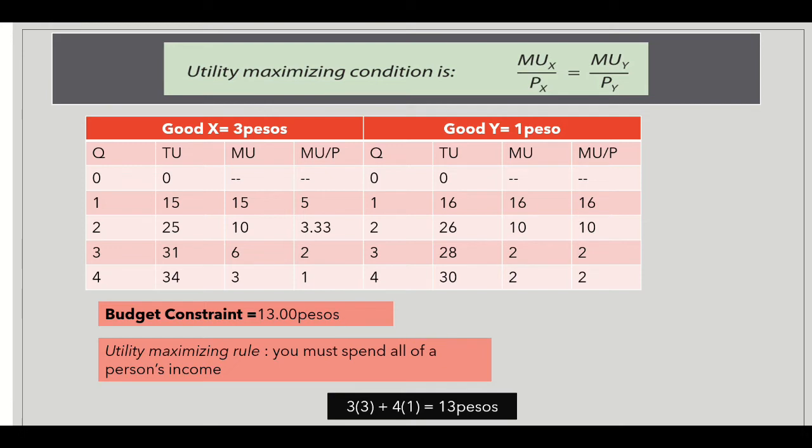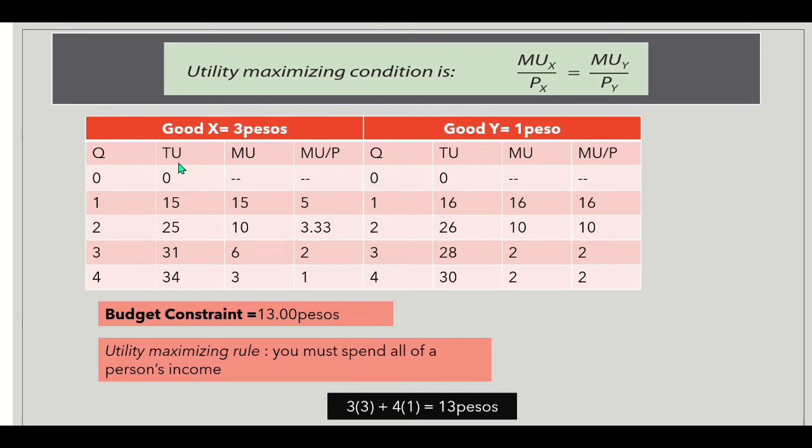So not only do you make sure the ratios equal one another, but you also have to make sure that the quantities they're buying at these prices will also equal the budget constraint, which in this case is 13 pesos.